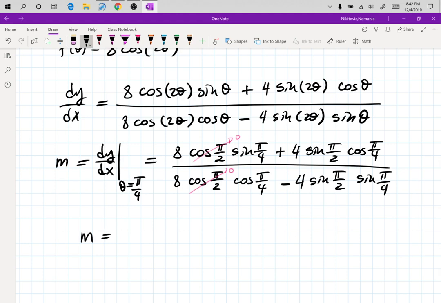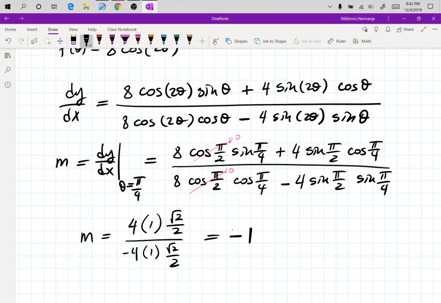So m is equal to 4 times sine of pi over 2, which is 1, times cosine of pi over 4, which is root 2 over 2, divided by negative 4 times sine of pi over 2, which is 1, and then I have another root 2 over 2. Do we all see that the slope is negative 1? Negative 1.